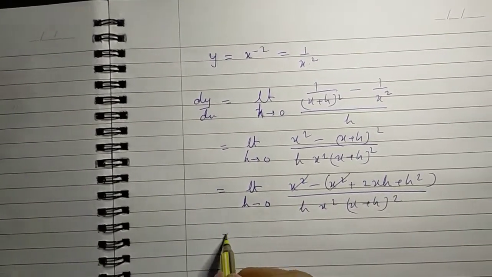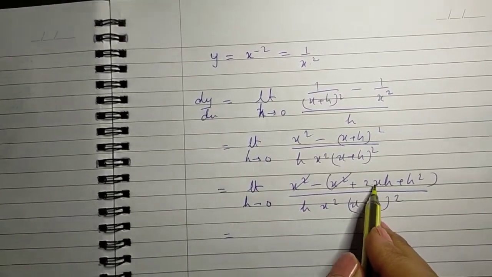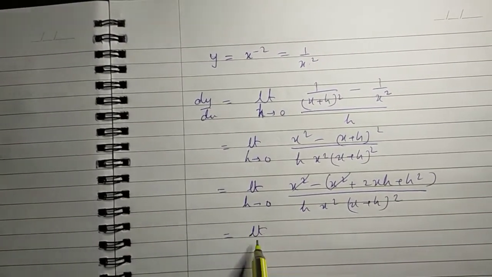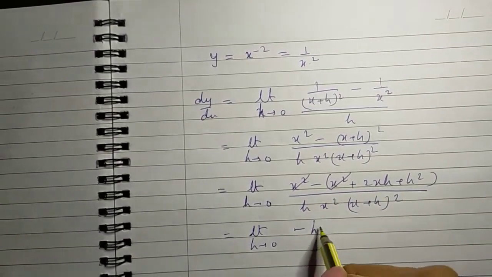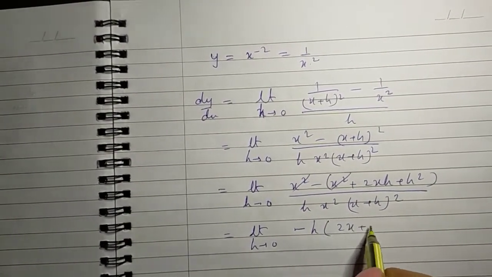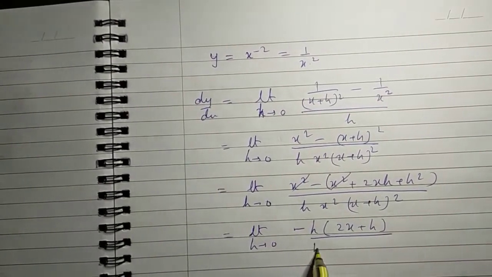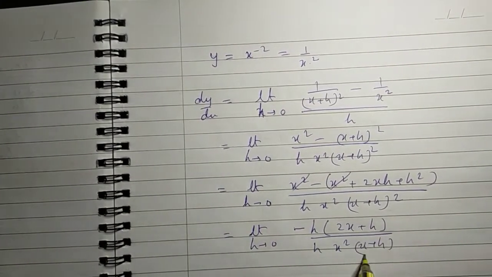This x square gets cancelled. Whatever is left, both the terms have at least one power of h which can be taken common. Minus is already there, so minus h(2x plus h) over h x square (x plus h) whole square.